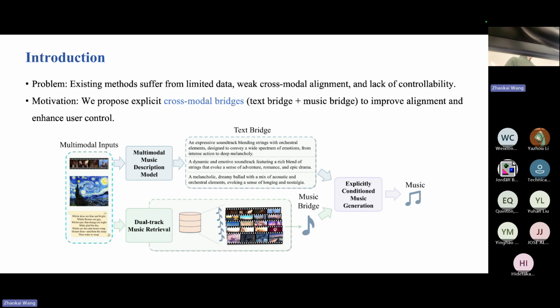This is the first part of the model, and the second part is to synthesize the music given this text description. For the second part, we can use a pre-trained model like Stable Audio Open or AudioLDM. So with this pipeline, you do not need paired data of videos and music. You only need a video-to-text dataset and a text-to-music dataset.